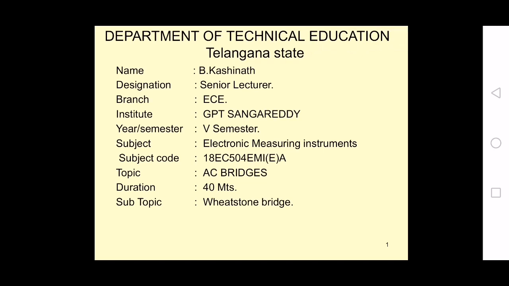We connect a DC source between two opposite junctions, and a current detector is connected to the other two junctions. That is what is called a bridge circuit.